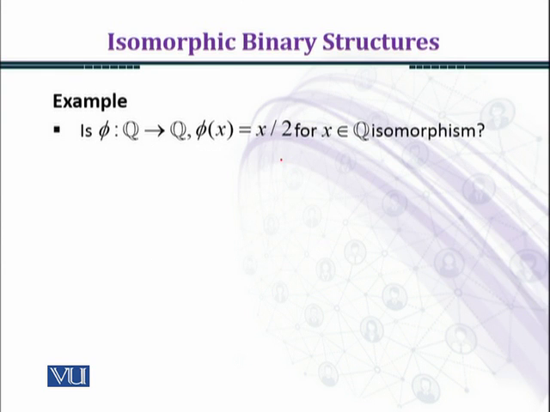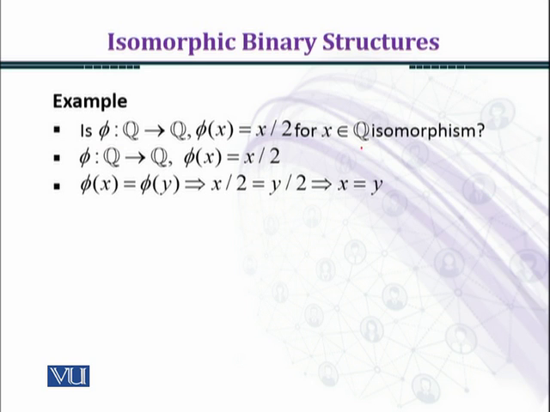We pick one other example. Phi from Q to Q, where Q is the set of rational numbers, defined by phi x equal to x over 2 for x belonging to Q. We have to see whether phi is an isomorphism. We take first images equal.